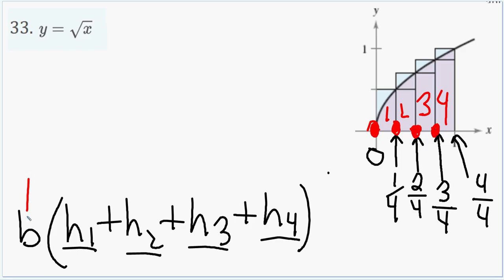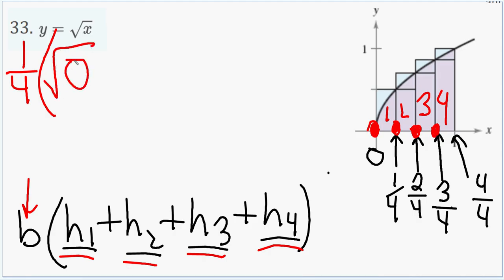So the base that we factored out is 1/4. And then we're going to have a sum of 4 heights, the 4 left endpoints. And again, our function is the root. So our first height is going to be the root of 0. That's the red dot here, the left endpoint of rectangle 1. Plus the root of 1/4.